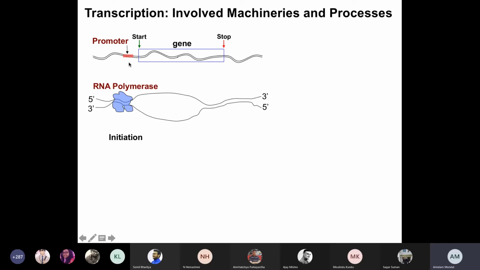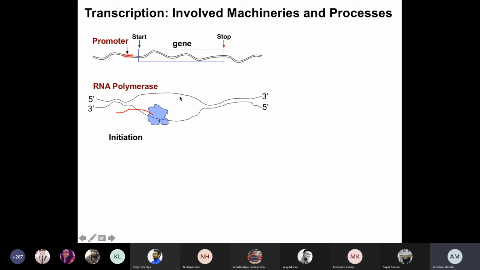The gene is going to get transcribed from left to right, from 5' to 3'. That's why the promoter should be upstream of the gene. This particular sequence gets recognized by the polymerase first, and that is the initiation point for the gene. Once it recognizes the promoter, subsequently it should unwind the two DNA strands from each other.